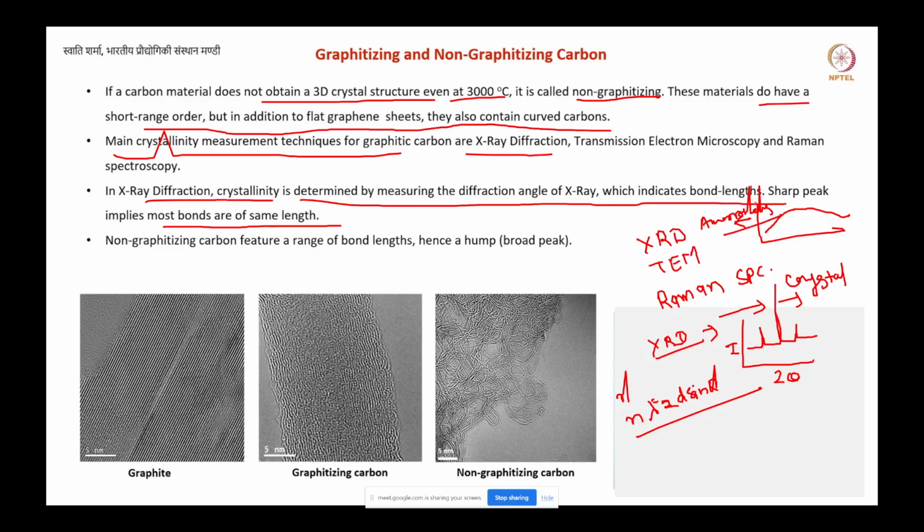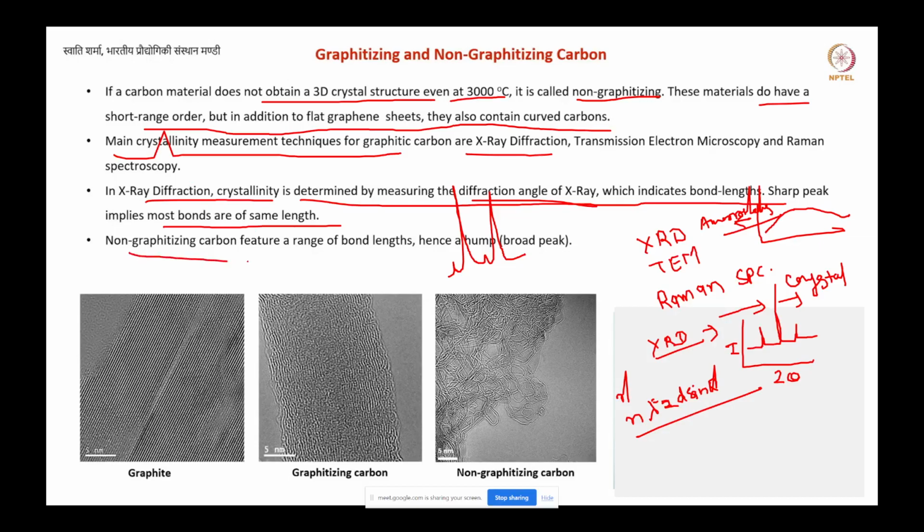So in the XRD you can determine whether your material is crystalline or not. It is determined by measuring the diffraction angle of X-ray, which is your theta or 2 theta, which indicates bond length. Sharp peak implies most bonds are of the same length. So if you get a very sharp peak like this, then it shows the bonds are of the same length.